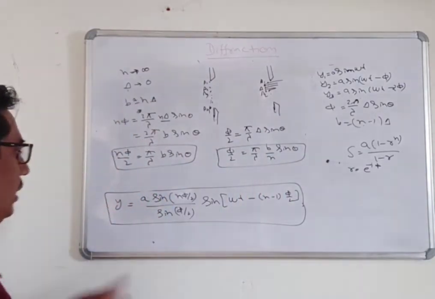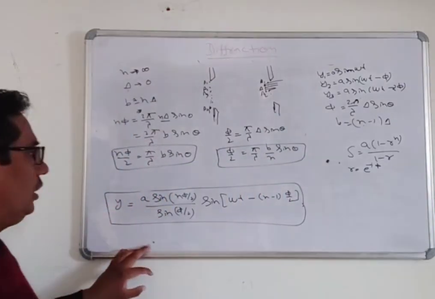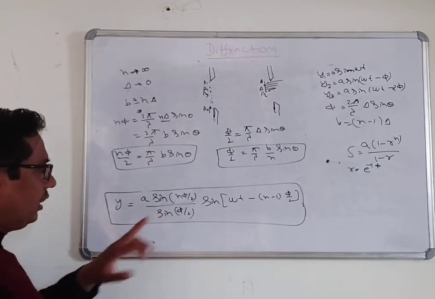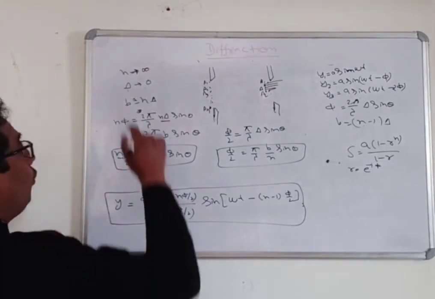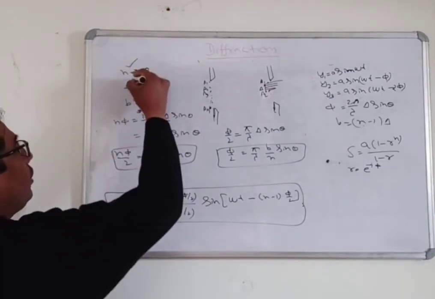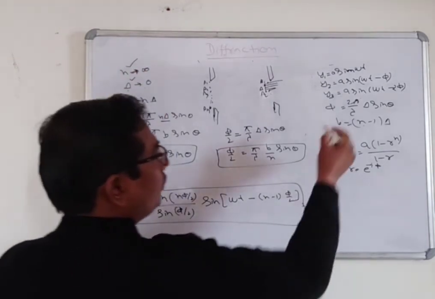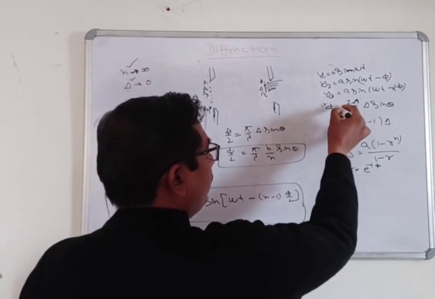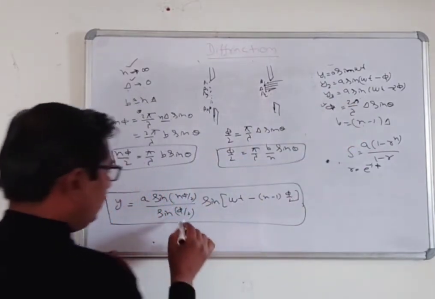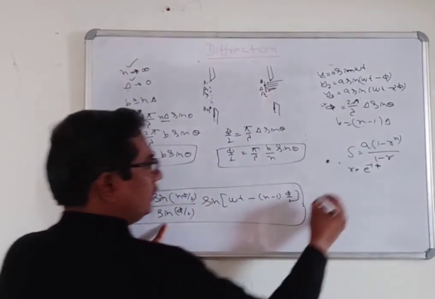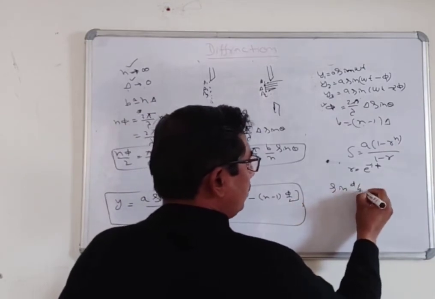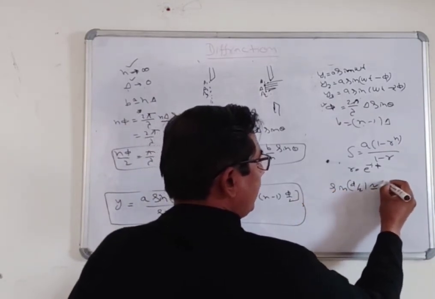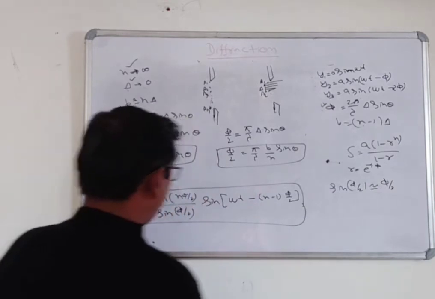Okay, now here you can see that when n goes to infinity, delta goes to 0. It means that the phase will be small. When phi is small, sine phi by 2 will also be small. It can be written as phi by 2.